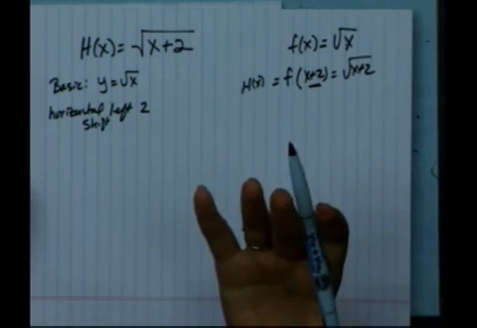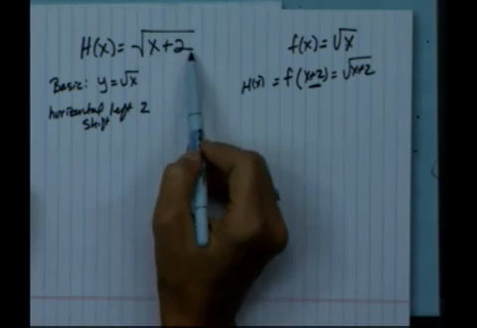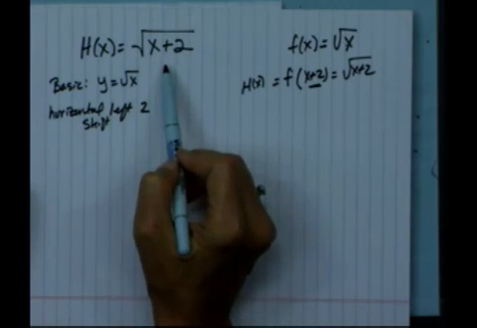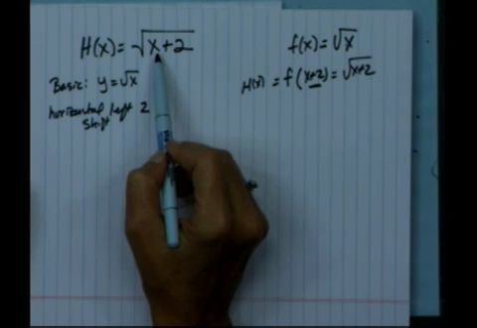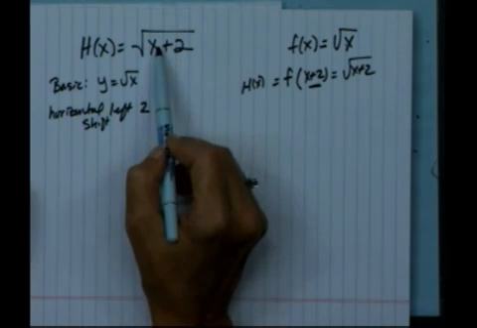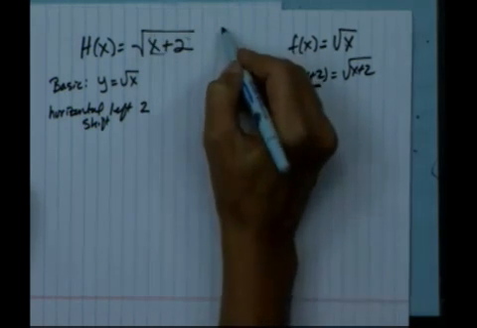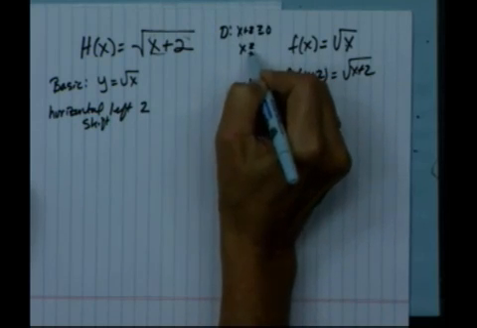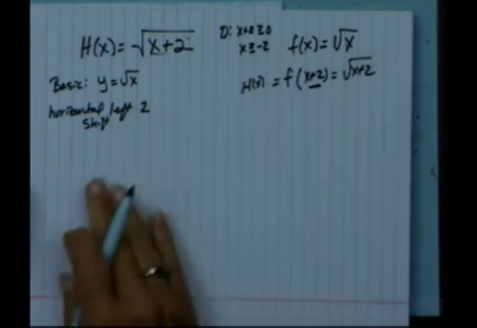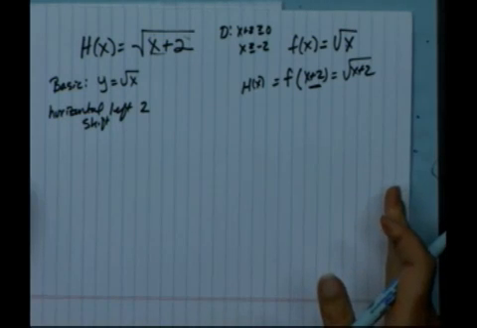Now your book doesn't mention this, but really if you start thinking about the domain, what's the domain of this function? Remember what's underneath the radical? It has to be greater than or equal to 0. X has to be greater than or equal to negative 2. So that sort of tells you right there where your shift's gone when you think about what your domain is.